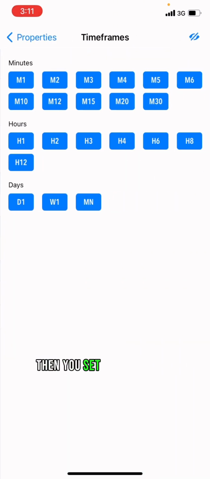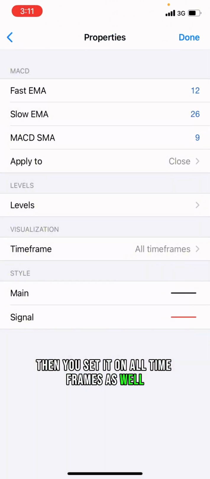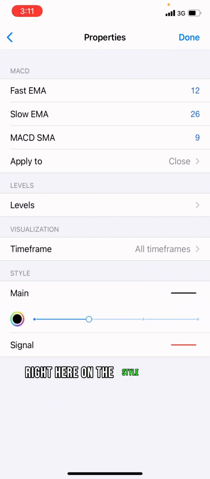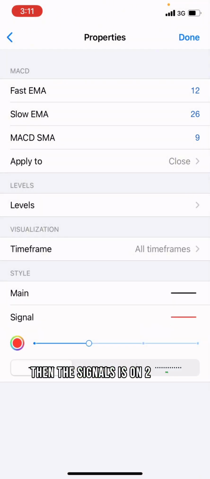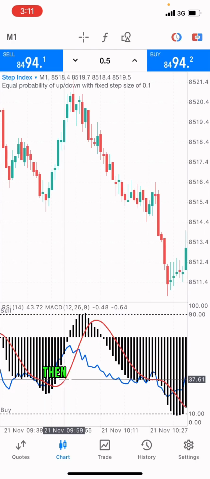Okay, then you set it on all time frames as well. Then the main right here in the style section is going to be 2 pixel, while the color is black right here. Then the signals is 2 pixel and the color is red, where I use the straight line pattern right here. Then we click on done.